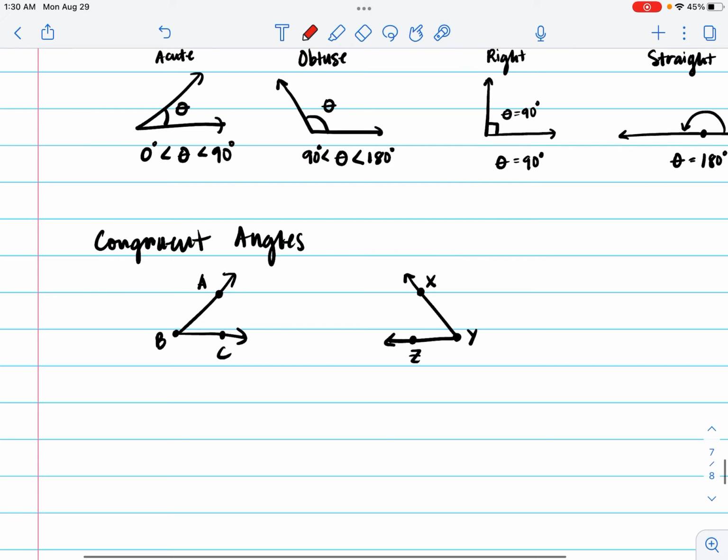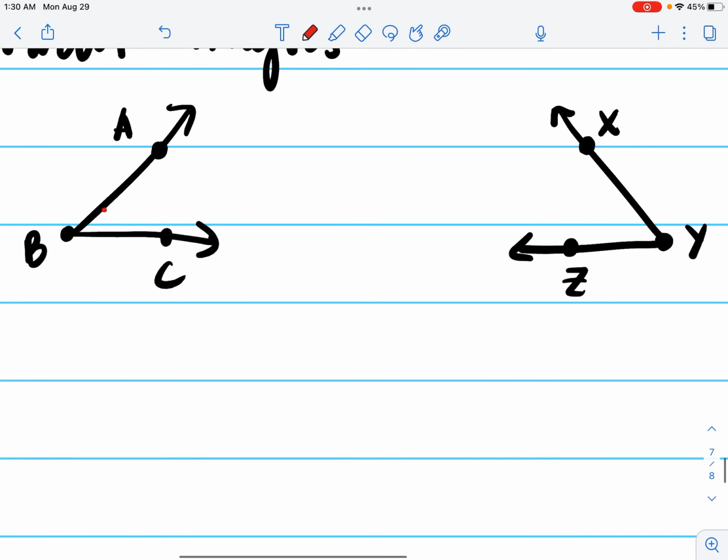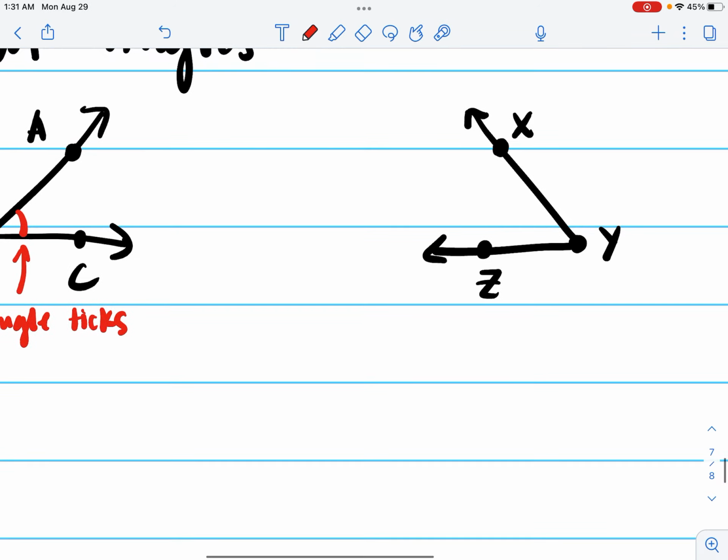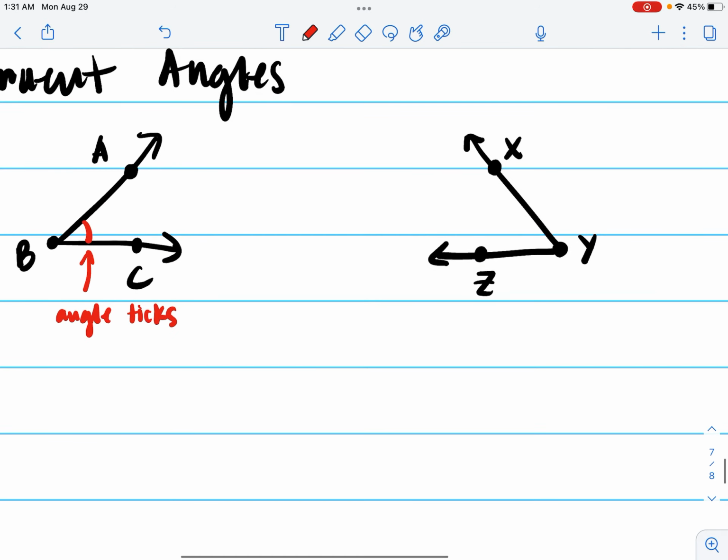But I'm going to put an angle tick marker. I'm sorry, I forgot the label. These are angle tick markers. If I put, for instance, one angle tick, and then I put the same one on X, Y, Z, that would mean that these 2 angles are actually congruent. Okay?